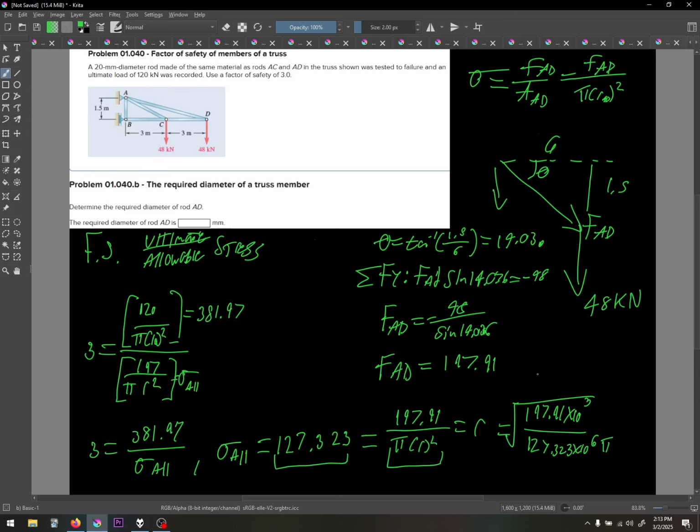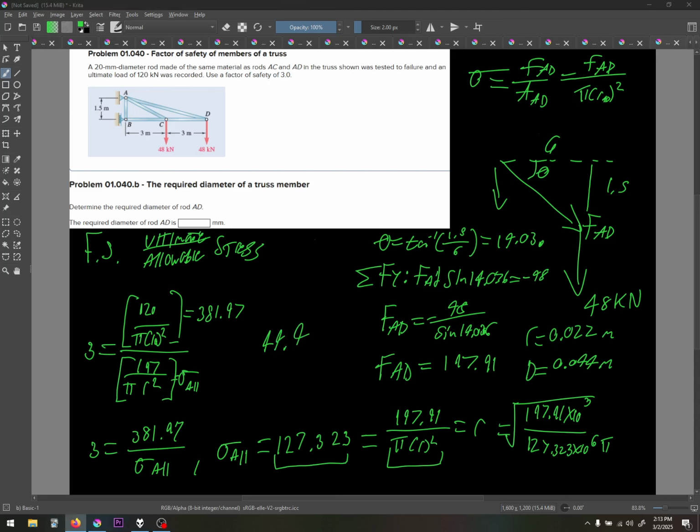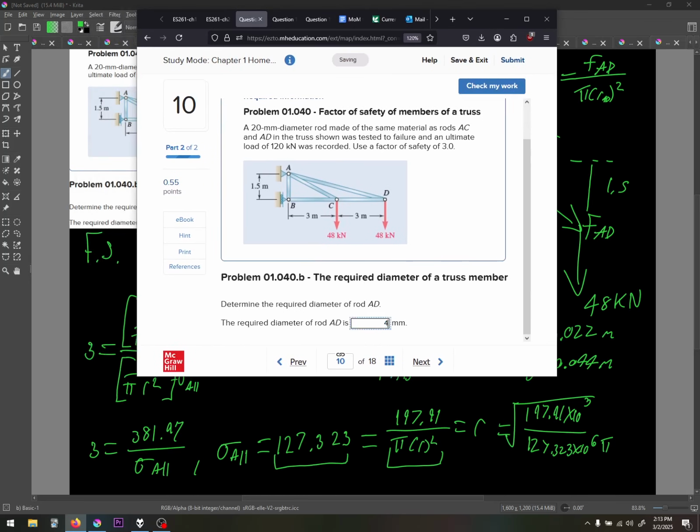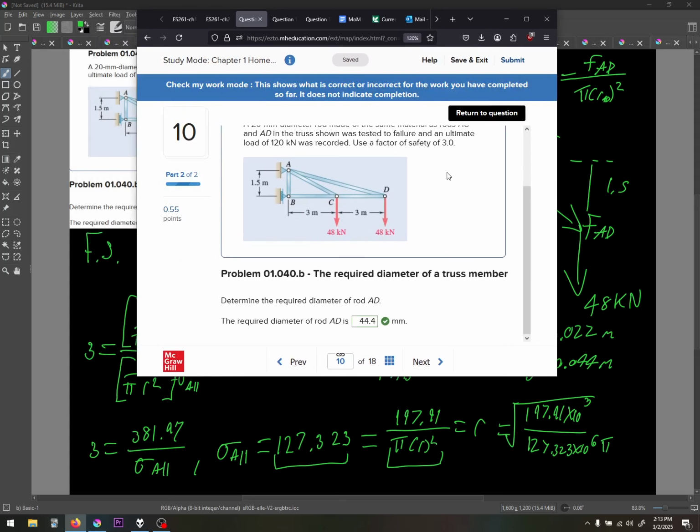Okay, now I'm getting that r equals 0.022, and if we multiply that by 2, the diameter is going to be equal to 0.044 meters, so meters to millimeters, this would be 44.4. Check it.